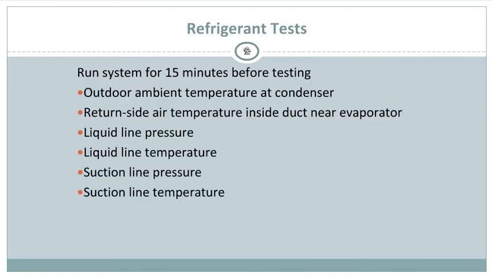Okay, so after this is as far as the builder or the builder's representative can verify. After this, because of all the required refrigerant tests, it can only be verified either by the contractor or the credentialed contractor or your HERS rater.